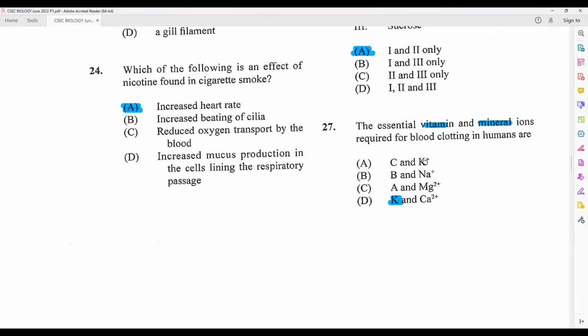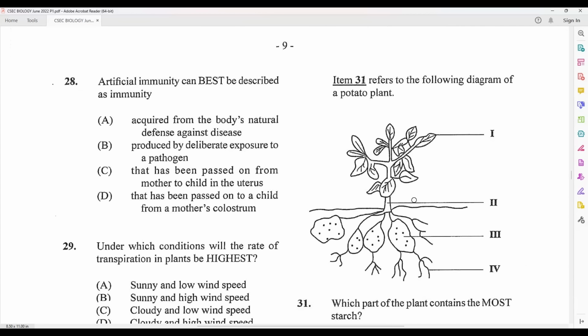This K up here would be potassium, and notice how it has a plus, which makes it potassium ions, which is a mineral, not a vitamin. Don't let that confuse you. Calcium 2+ is calcium ions. D is the answer.